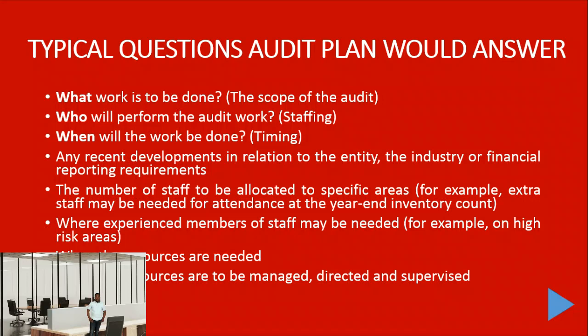Where an experienced member of staff may be needed. So when we plan, we will know, okay, there's a technical area, there's a risky area in this business. So let's allot the risky areas to more experienced staff.